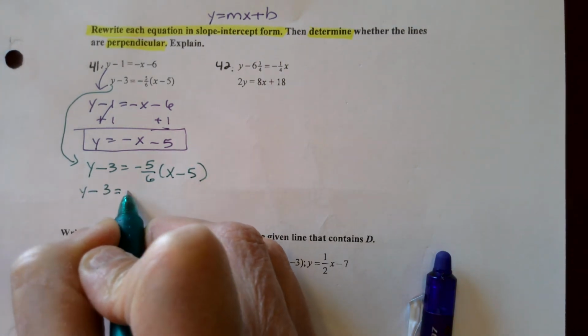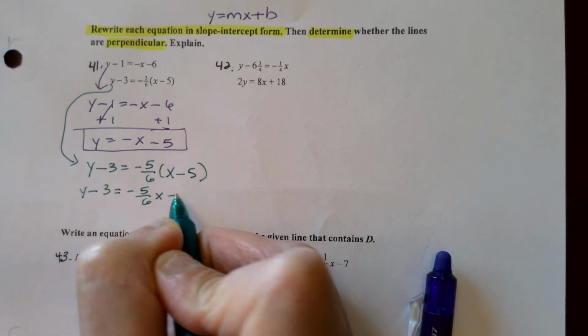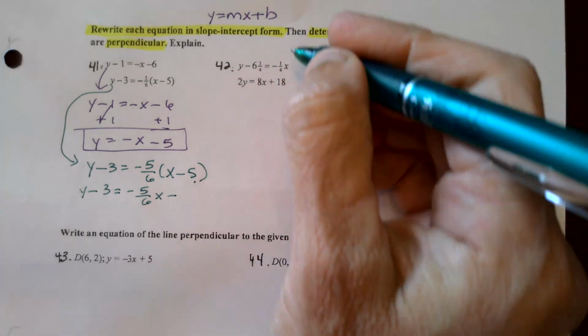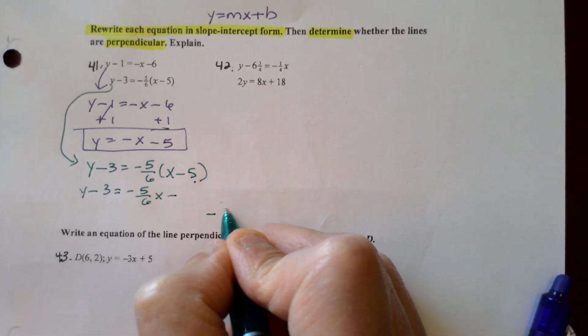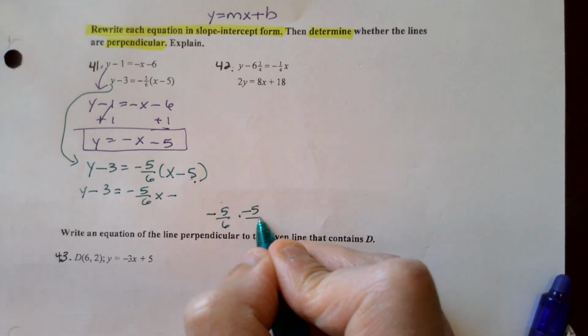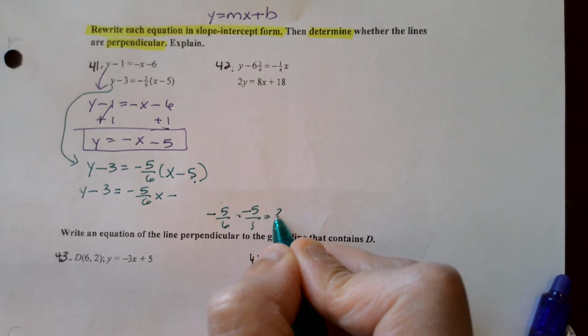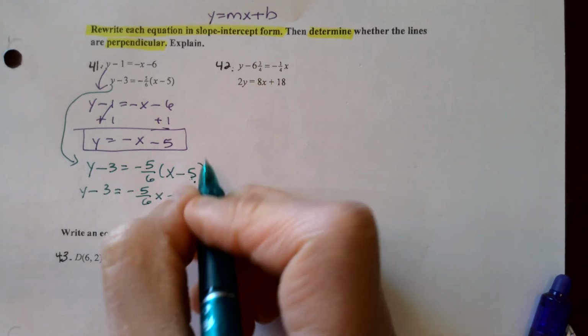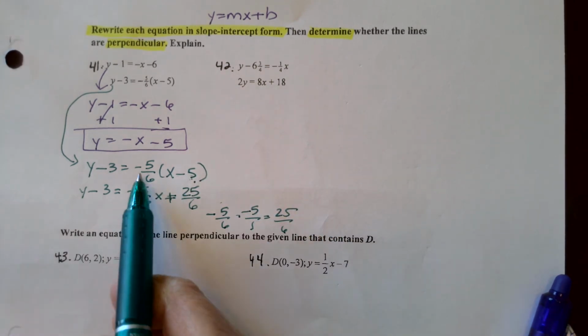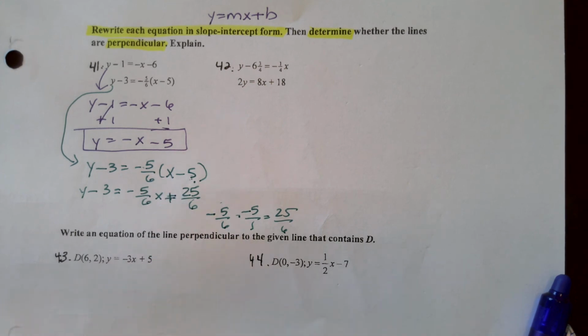I distribute first. Okay, you guys can do that. I'm just going to go right here. Negative 5, 6 times a negative 5 is 25 over 6. Be a plus, because a negative times negative will give you a plus there.